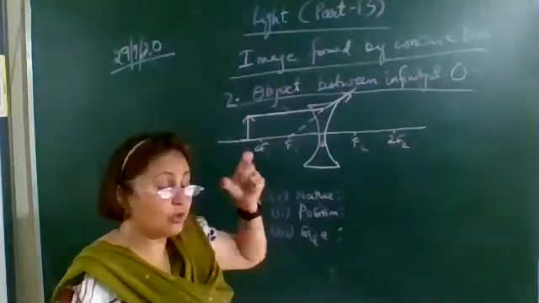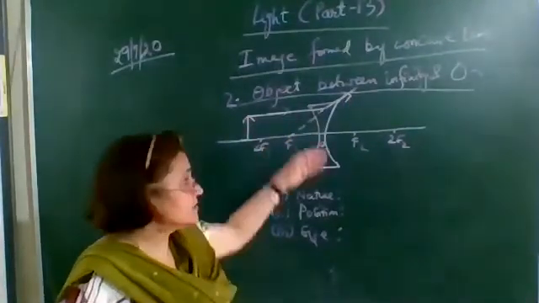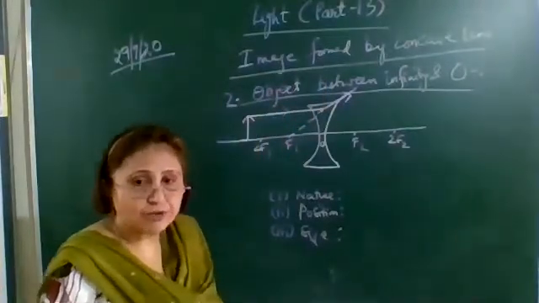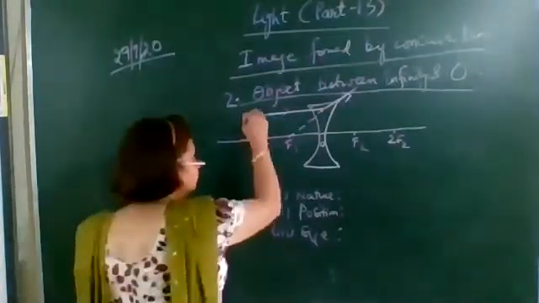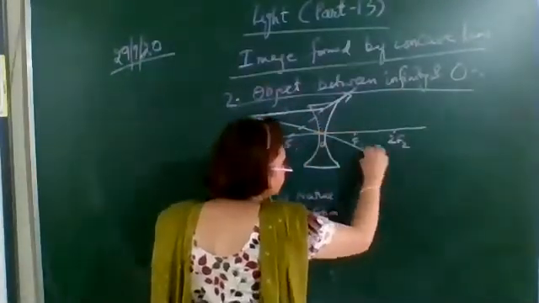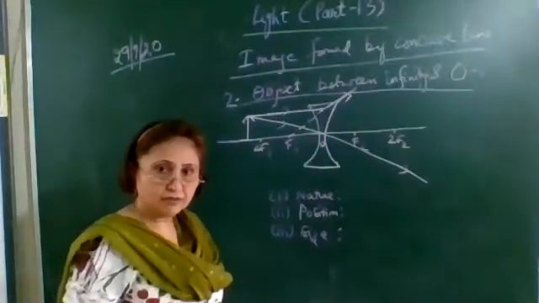Okay, according to the rule what we have studied, any ray of light which is parallel to the principal axis appears to pass through F1. Second ray, you can pass it to the optical center. As we know that any ray of light which is passing through the optical center goes straight without bending.